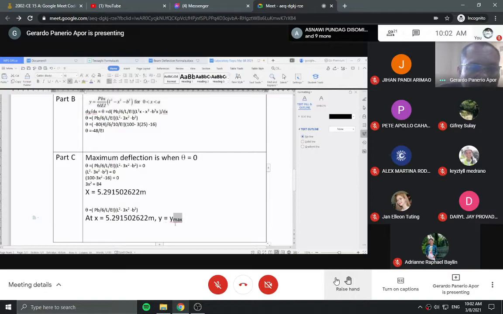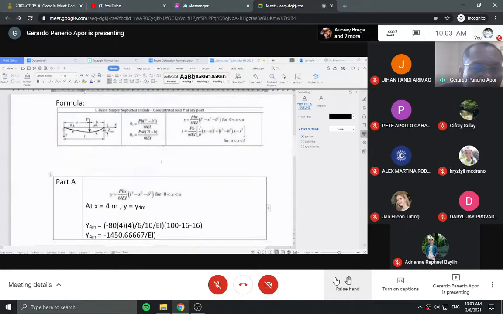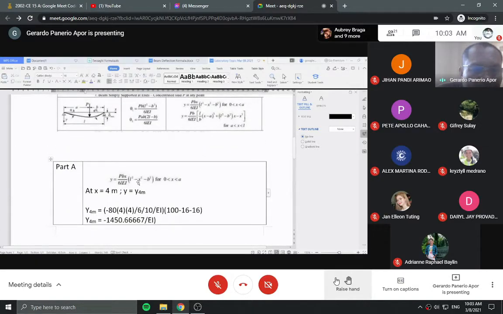In that case, we are not going to use the equation for theta; we are going to use the equation of y.